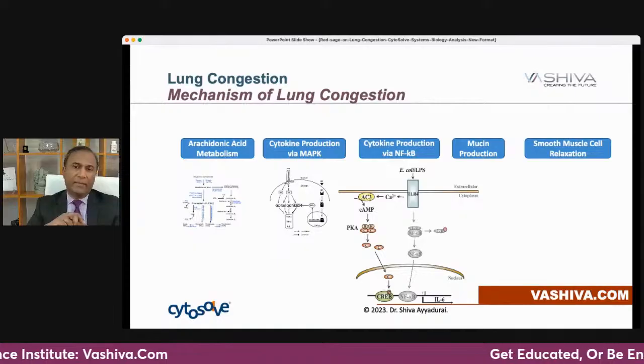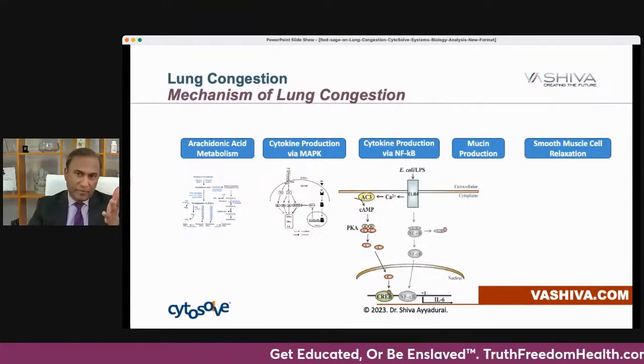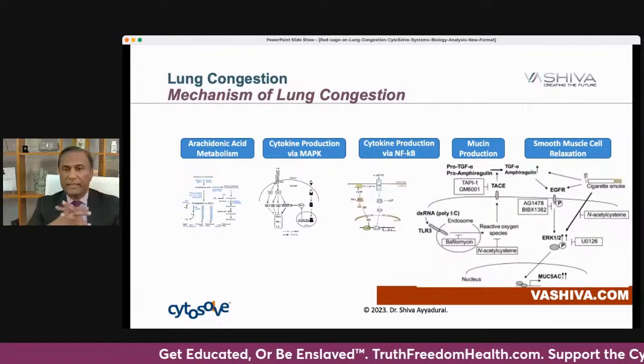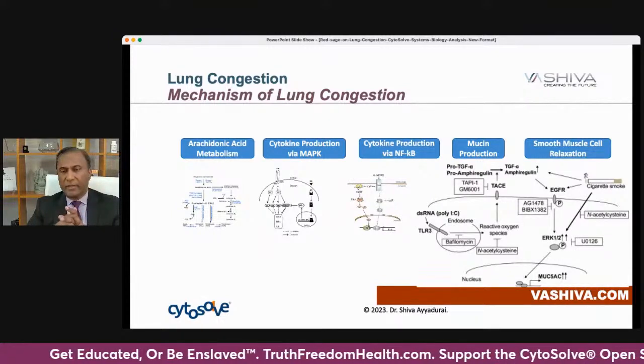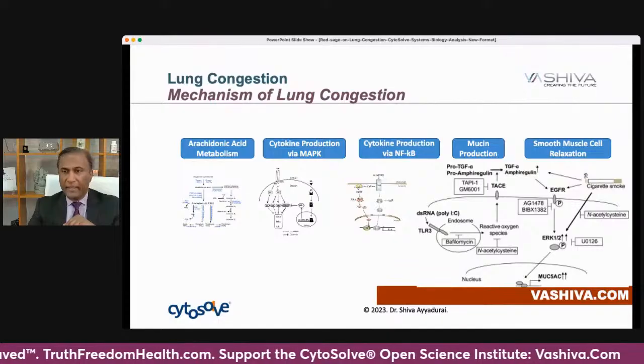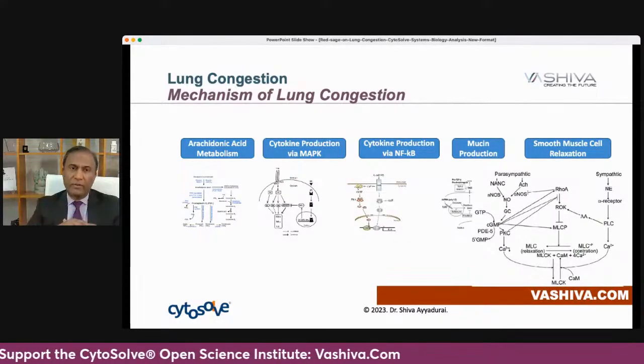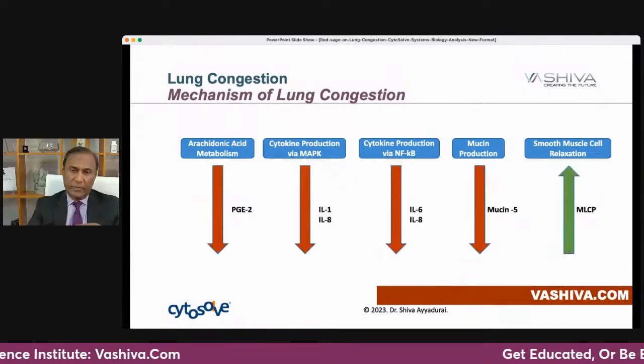NF-kappa beta is a molecule that shows up in all sorts of things, in inflammation, also with cancer. You have mucin production. It's the actual reactions where your body starts producing mucus. In this case, we call it mucin, okay? And then finally, you want your muscles to relax. When you want to eliminate congestion, the smooth muscle relaxation pathways are involved here.